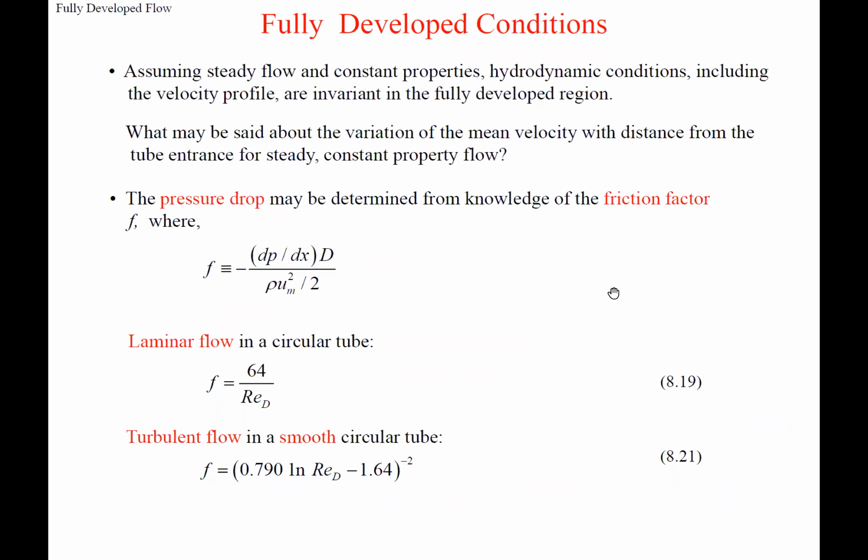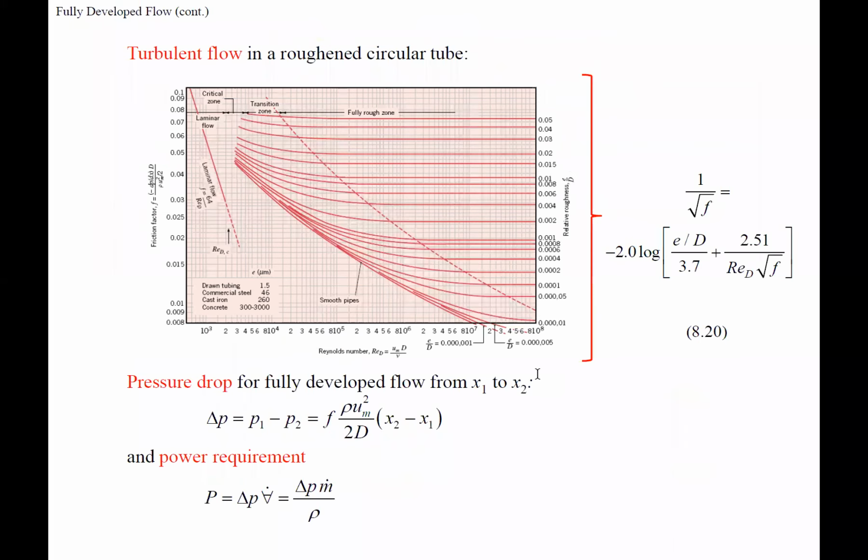All right, then we said for fully developed flow, we have a relationship for pressure drop and friction factor. For laminar, we can get our friction factor equation right there, and the same for turbulent flow in a smooth circular tube. Then if we have some roughness in the turbulent case, we have to use our Moody diagram to account for the surface roughness, but we can also get a pressure drop equation from it, and the power requirement to push that pressure change.